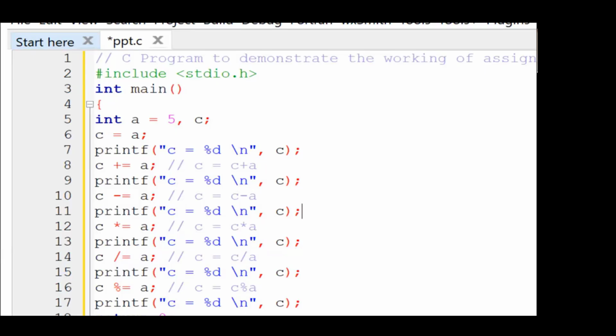Now, the integer c does not have a value, it's just a variable. But integer a equals the value 5. Then we start off by assigning a to c. So in line 6, c becomes a. So if this is executed, c is going to be 5.